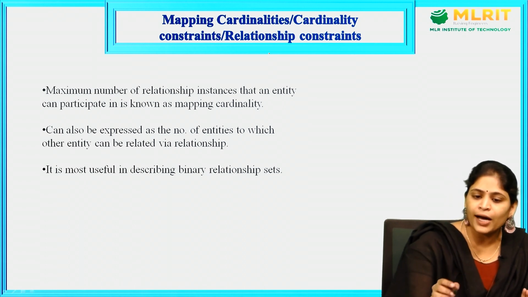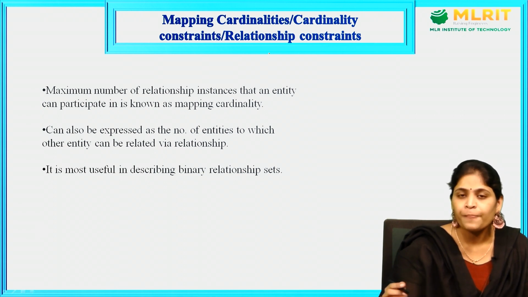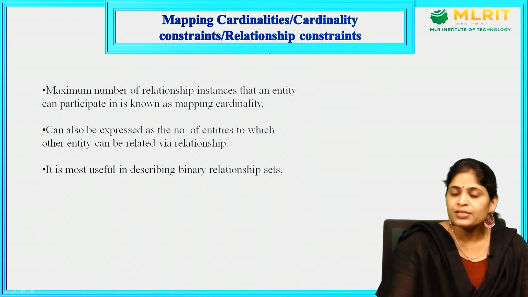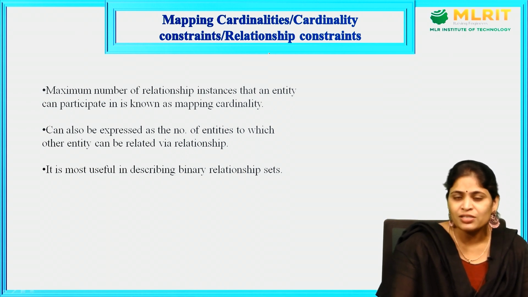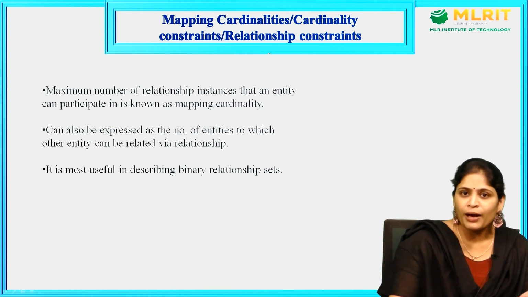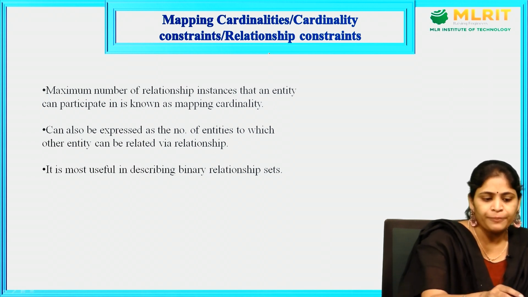So: mapping cardinalities, cardinality constraints or relationship constraints. Constraints means nothing but a set of rules, and we have many types of constraints that we will discuss in later sessions. How do we map entities with each other? That is the concept I am going to deal with now.